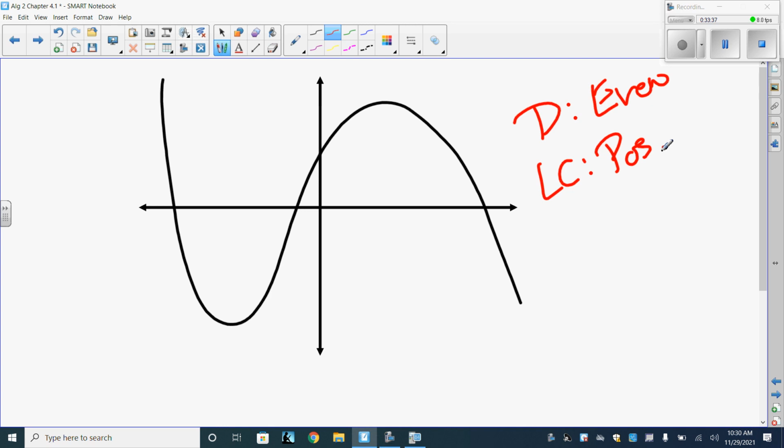What do I know that this function has to do? It's got to go back up, yes? Even though I don't see that it goes back up here, because it's even, I know that somewhere over here, it has to come back up, yes? And when we solved quadratics, we were looking for where the graph crossed what?